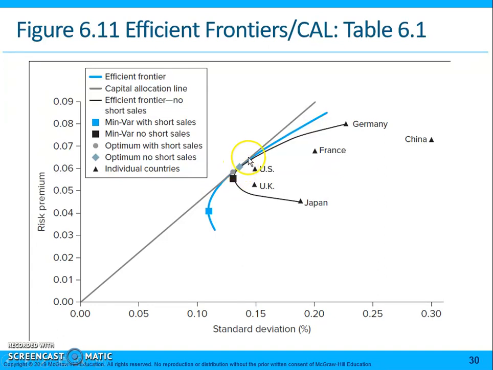And anything beyond that on the capital allocation line would reflect short sales. So we've got our capital allocation line. We've got Japan, UK, US, France, Germany, China, and all those go together to create this efficient frontier.